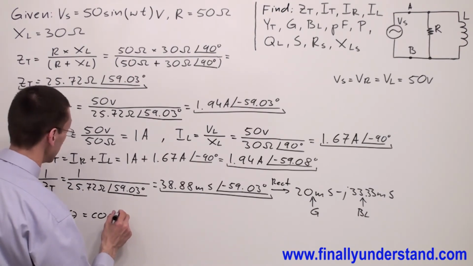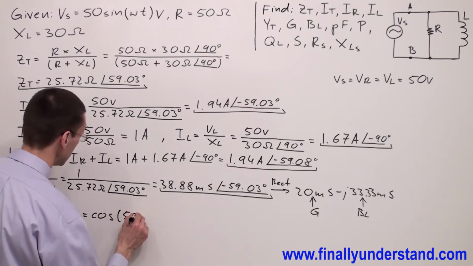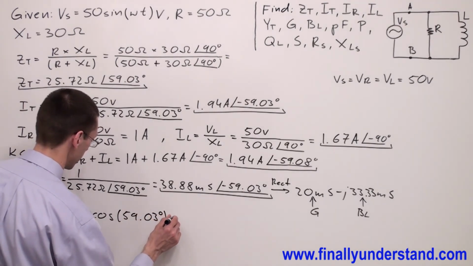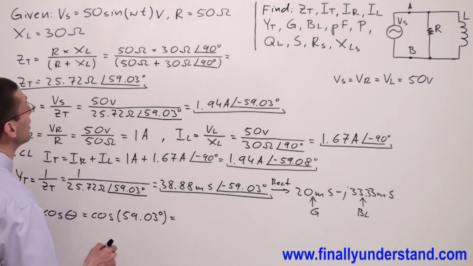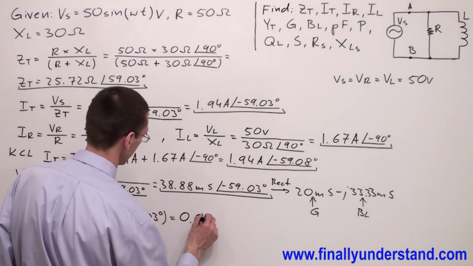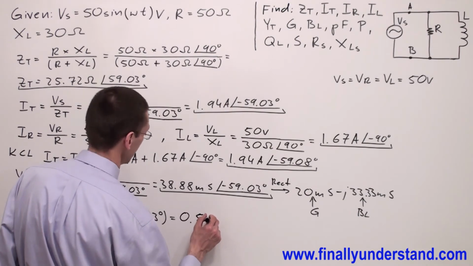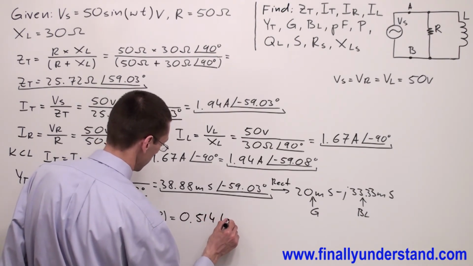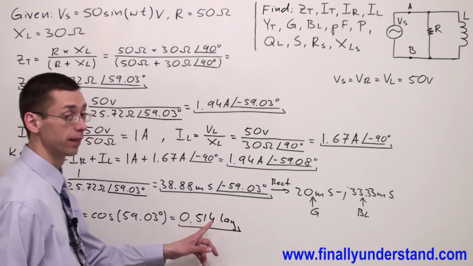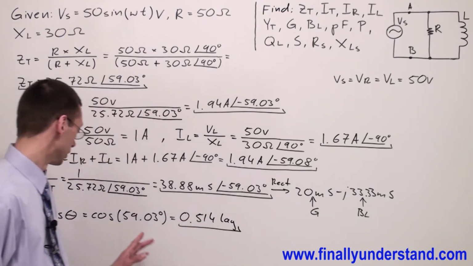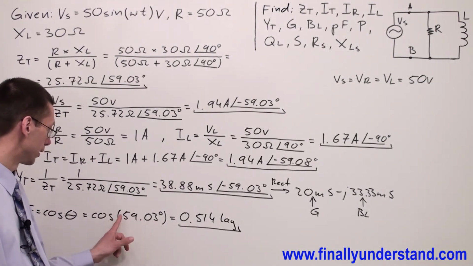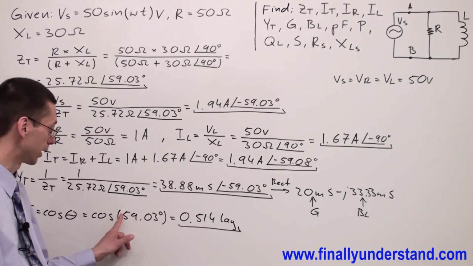So I have cosine of 59.03 degrees, which is equal to 0.514 lag. I'm supposed to use the word lag because the angle next to Z total is positive, okay?